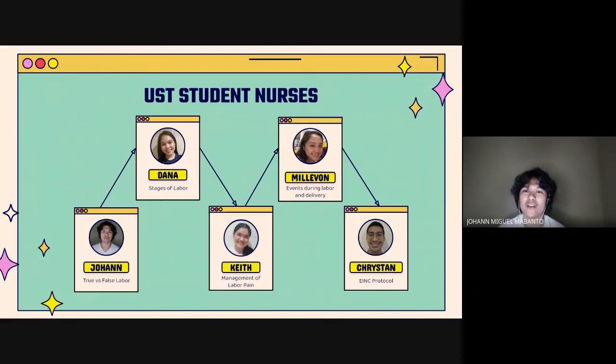The second topic covers the stages of labor and will be presented by student nurse Dana. Third topic would be management of labor pain, covered by student nurse Keith. Next topic are the events during labor and delivery and will be presented by student nurse Millevon. And lastly, we have the EINC protocol covered by student nurse Chrystan.